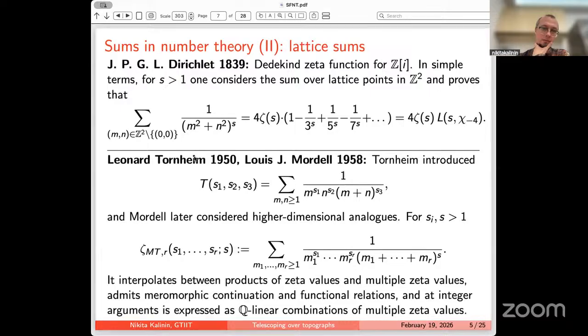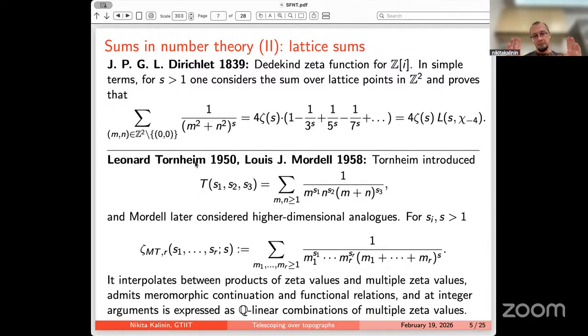And there are other sums called Mordell-Tornheim series. So they were defined by Tornheim. So it's interesting how he defined that. First, he studied Fourier series and Fourier circles. So if you have a Fourier series, you can draw circles over the line, and these circles are tangent between themselves.